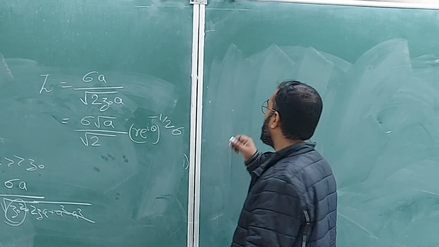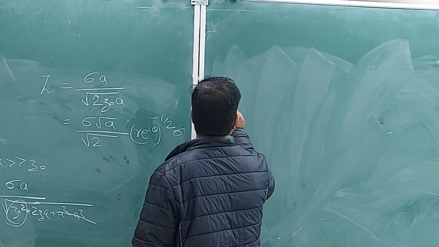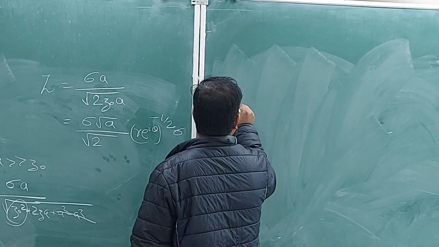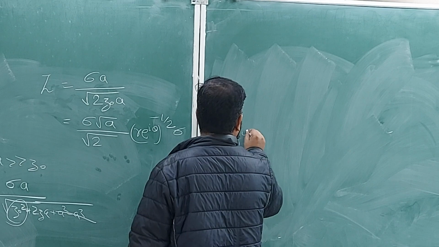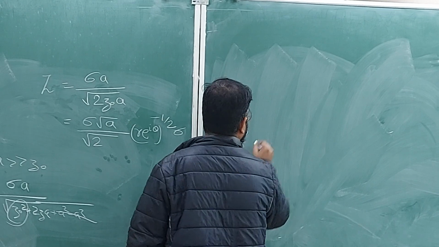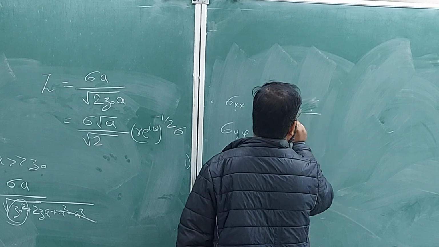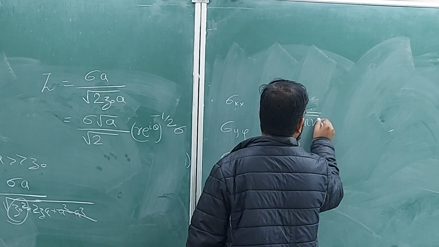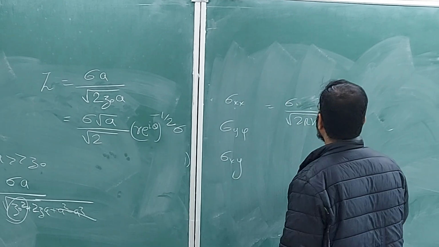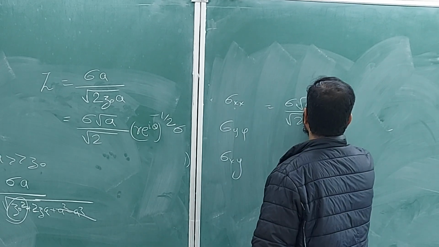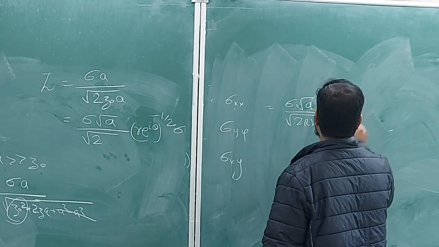And so I will tell you the secret. The expressions for sigma xx, sigma yy and sigma xy are sigma root a, so sigma root a divided by root over 2 pi r, and then f of theta.